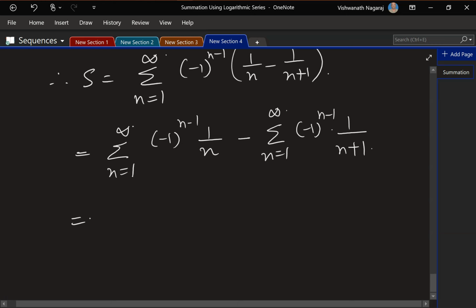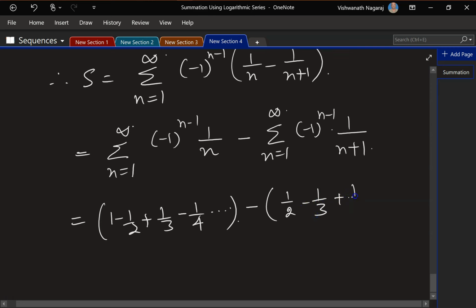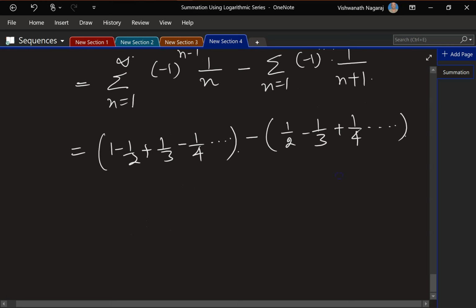This if we expand it and write, we get 1 minus half plus 1 by 3 minus 1 by 4 and so on. And this if we expand it, we get 1 by 2 minus 1 by 3 plus 1 by 4 and so on.